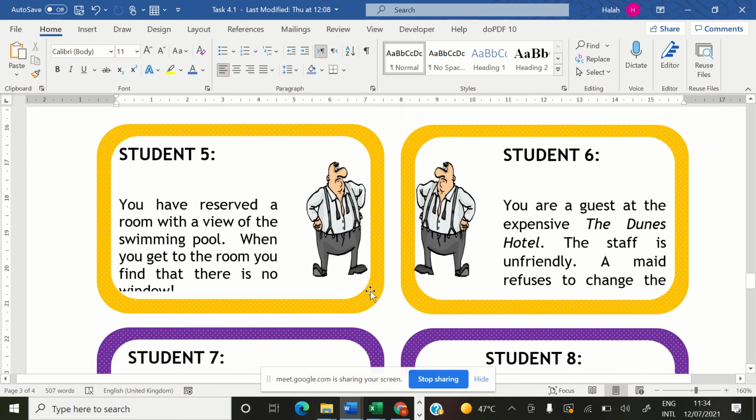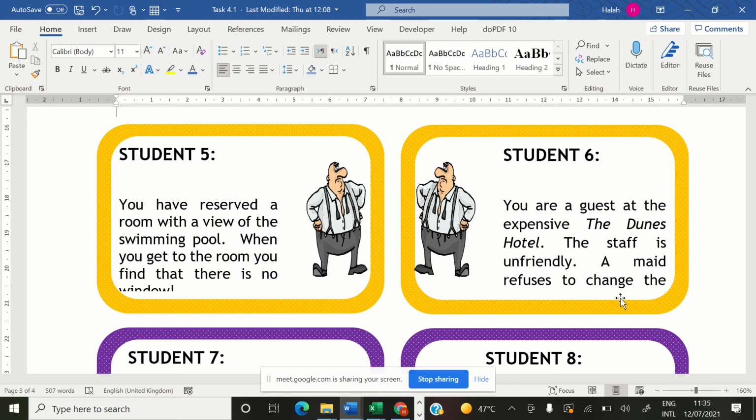Another case, you reserved a room, you are a customer, you reserved a room with a view of a swimming pool, but when you arrived at your room, you found there is no window. So it's different from what you reserved. Or the staff is unfriendly.